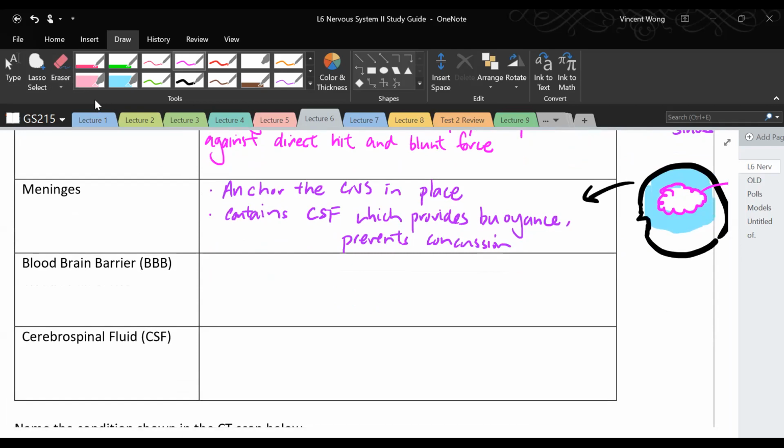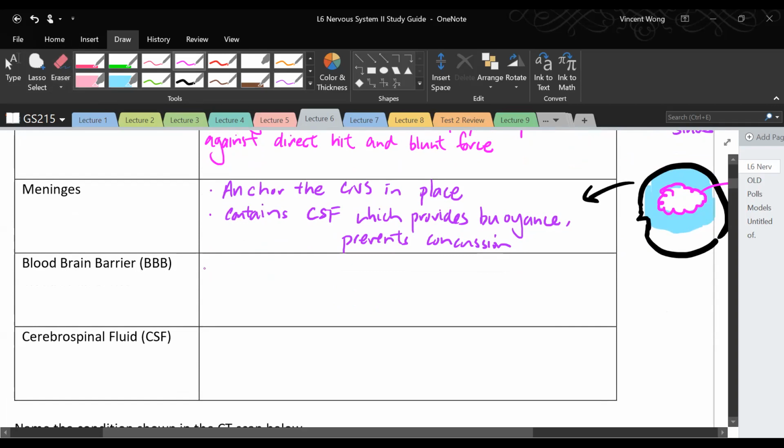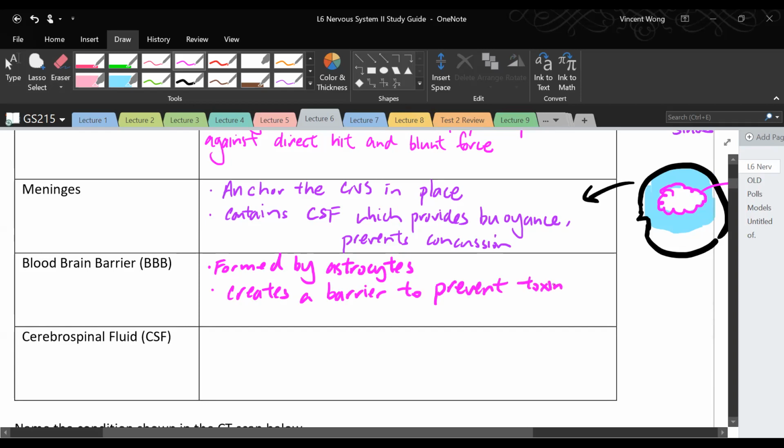Okay, next one is the BBB. BBB is the blood-brain barrier. It is formed by astrocytes, and its function is to create a barrier to prevent toxins from entering the CNS.